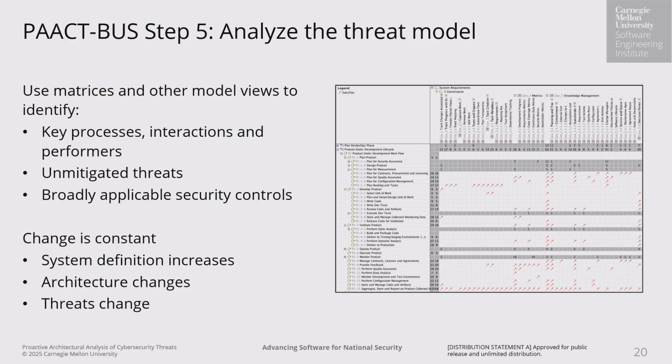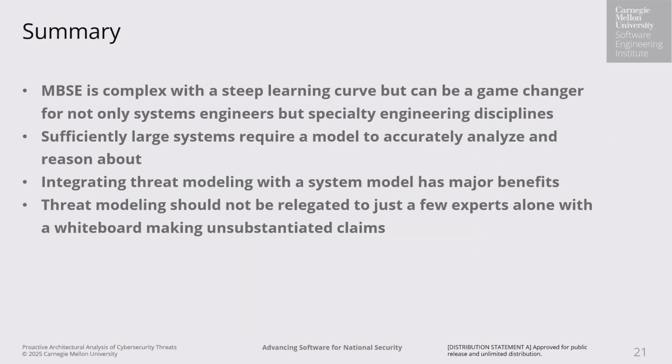However, if we also see one threat that affects a ton of processes within our system, we probably need to spend a little more time really understanding that threat, making sure that we're actually applying mitigations for it. So in summary, MBSE is not just about diagrams, and it is definitely an evolution away from document-based processes.